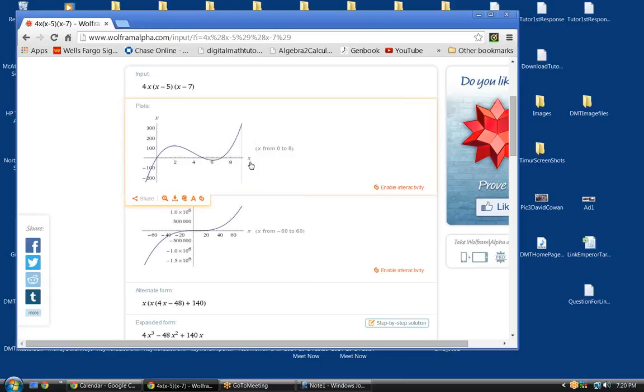But notice that we're restricted from 0 to 5 for x, so the maximum has to occur right there. Looks like x equal 2 is a local maximum for that cubic function, and it's the maximum within our domain.